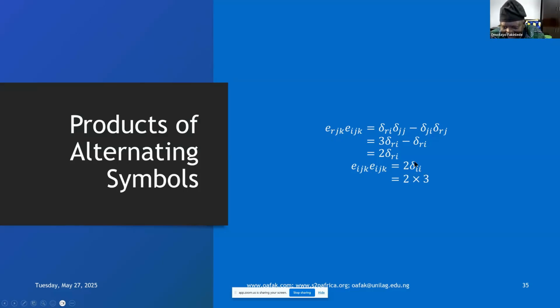And you remember that delta II is delta 1,1 plus delta 2,2 plus delta 3,3. So delta II itself is 3. So this expression now becomes 2 times 3. That is how you get the answer.